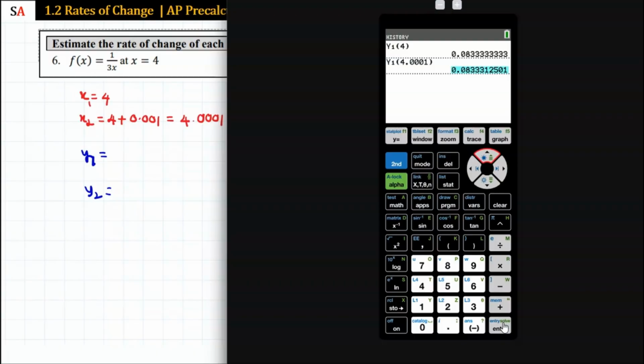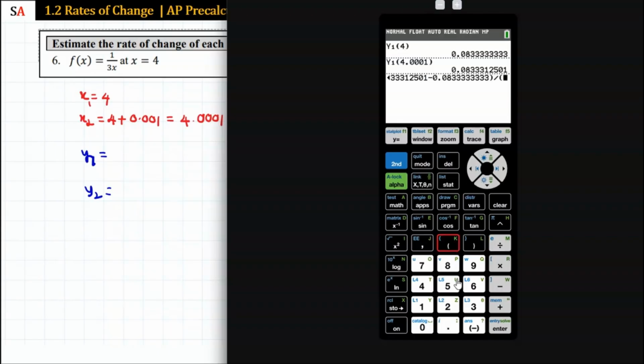So that is y2 minus y1 over x2 minus x1.